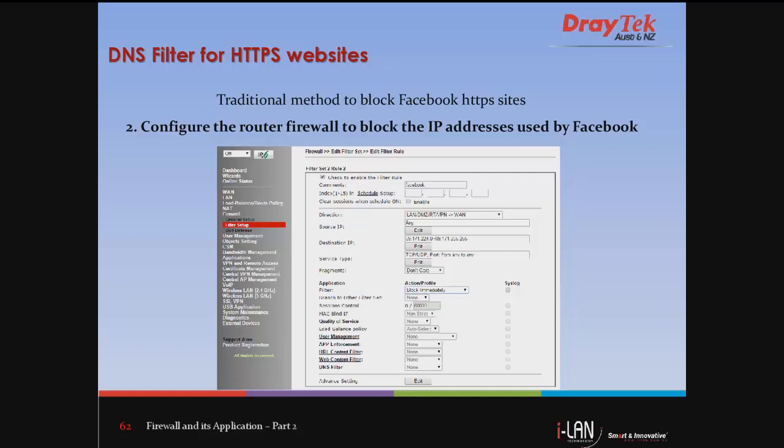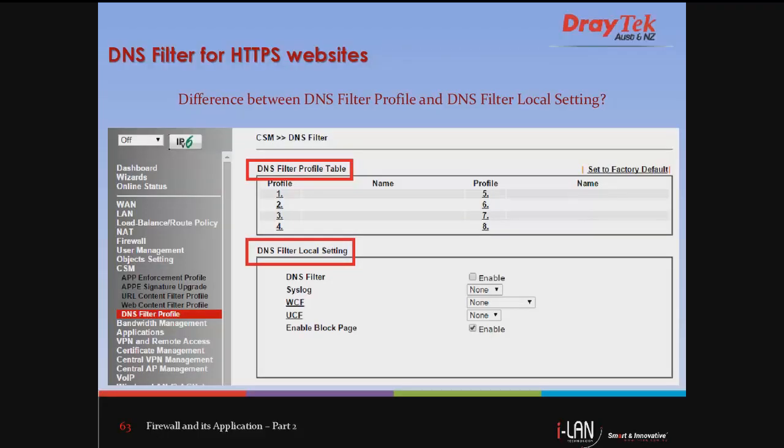As you can see here, under the DNS filter profile page, there are two options for creating a DNS filter: DNS filter profile table and DNS filter local settings.